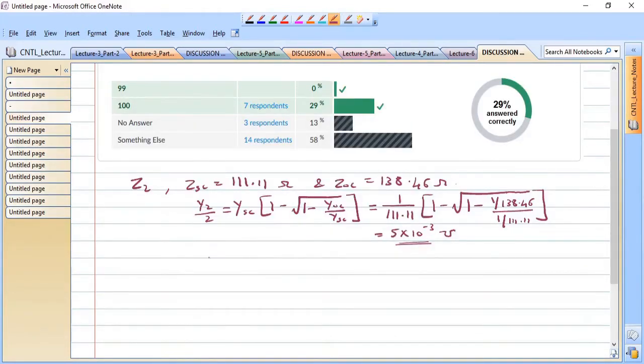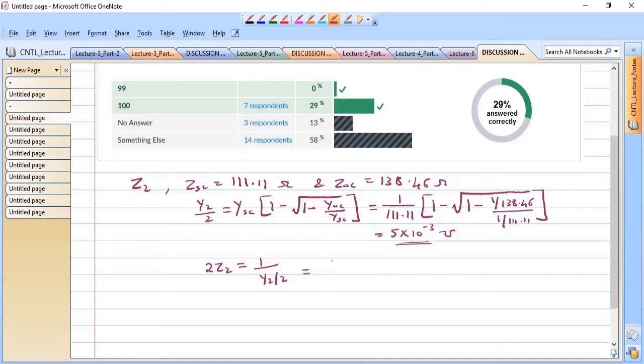Now this is our Y2 by 2, but we need Z2. So actually what is Y2? Y2 will be twice of this. So we have 2Z2 is equal to 1 upon Y2 by 2.